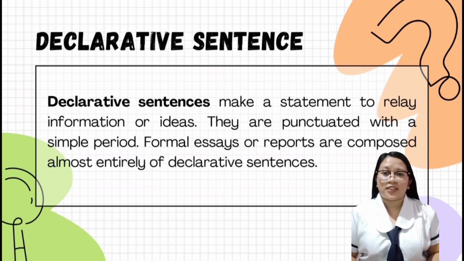Declarative sentences tell us something and give us information about the person, things, animals, etc. that usually ends with a period. Other people call this an assertive sentence or declarative statement since it gives us information or opinion.